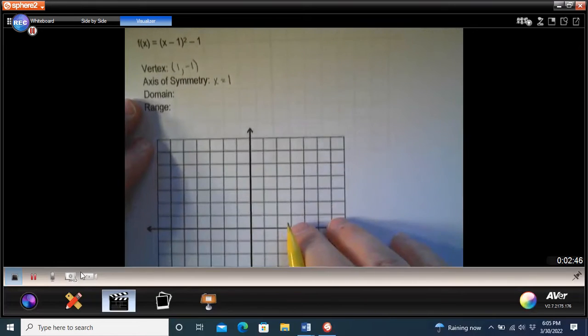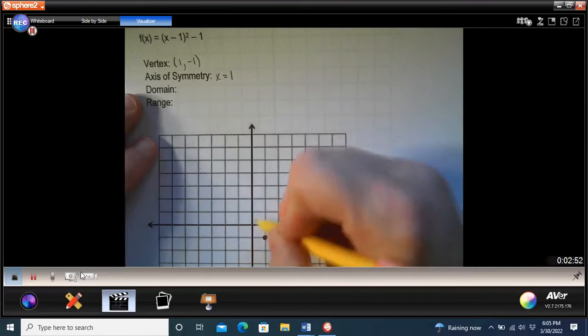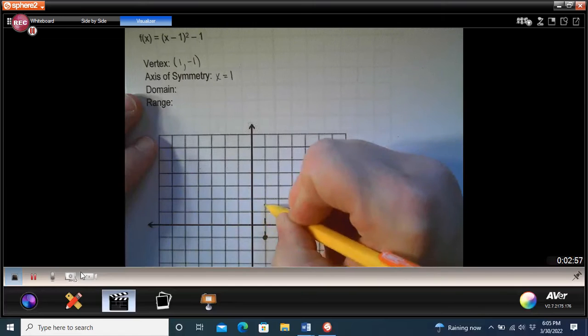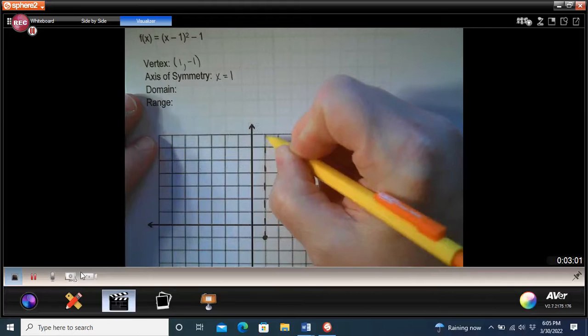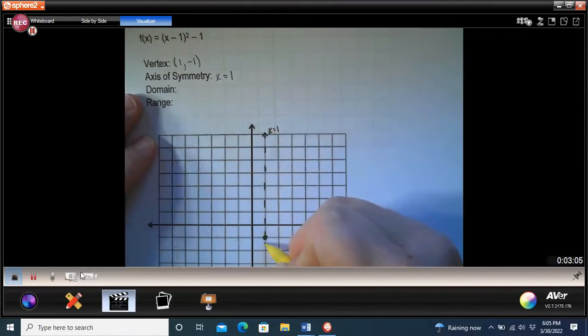So to graph this, I'm going to graph the point (1, −1). And the axis of symmetry is this vertical line going through there, and its equation is x = 1. It goes this way too.